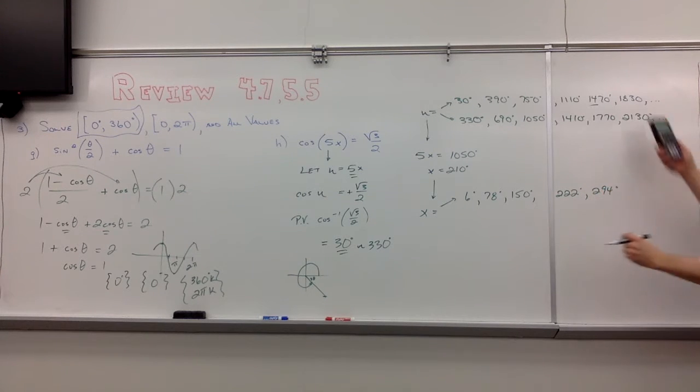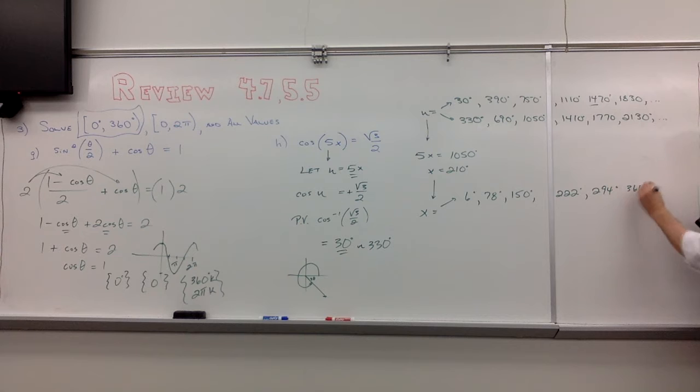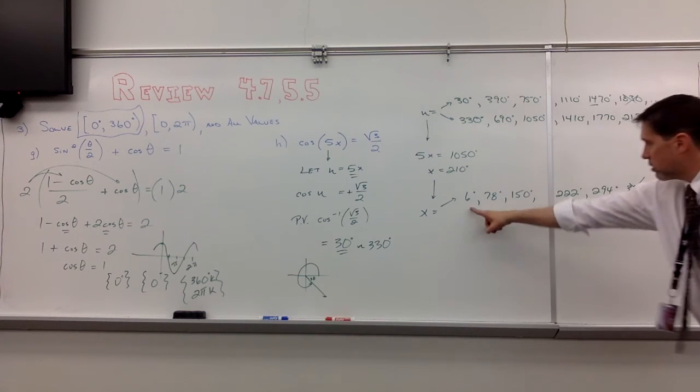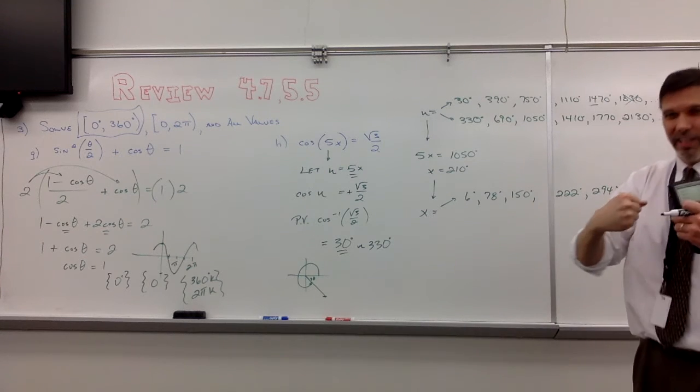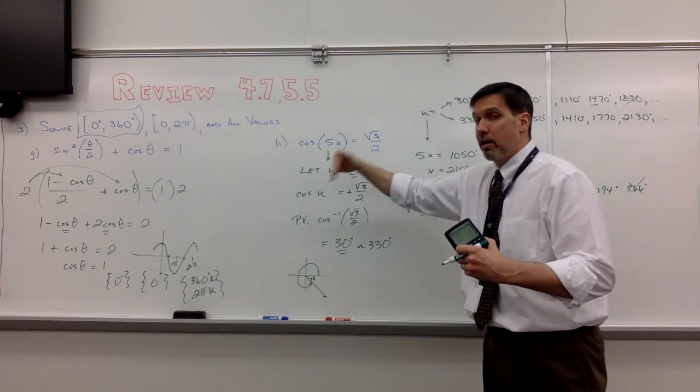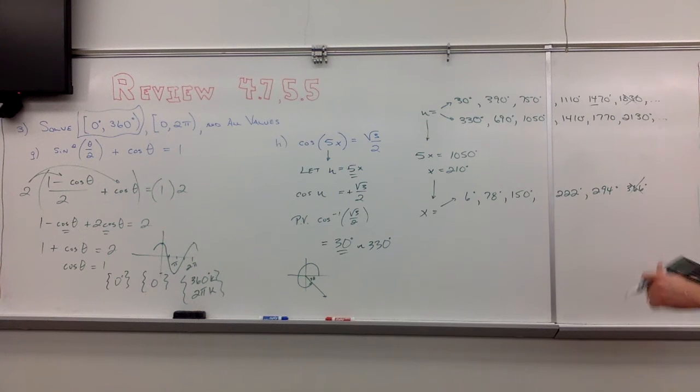And if you check the next one, this 1830, and divide it by 5, it puts you at 366, which is 6 degrees over our bounds, actually a little bit more than 6. It only goes to 360, so 1830 is a little too far. Makes sense that we got 5 solutions here. That 5x, remember, horizontally compresses the graph of cosine by a factor of 1/5.